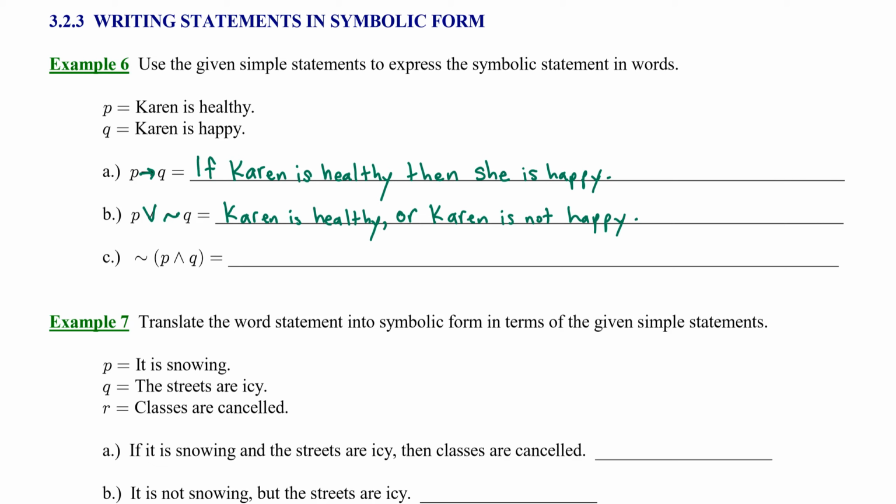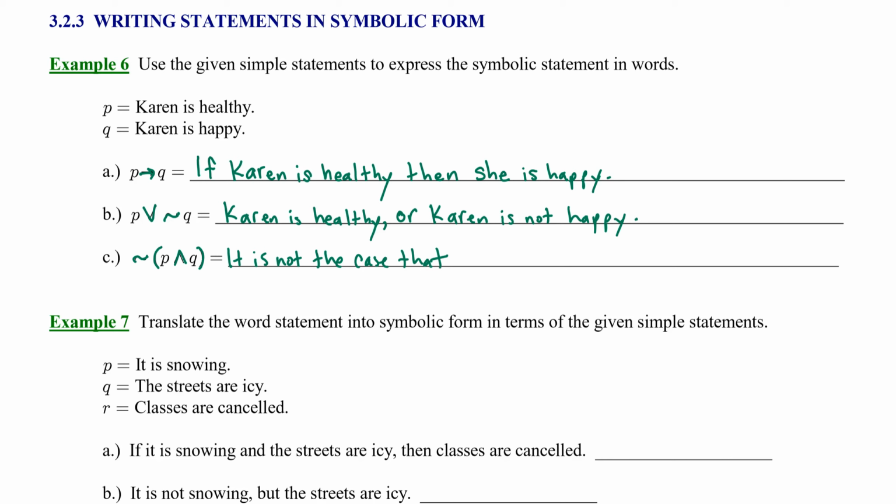Now, the last one, we need to pay close attention to the parentheses. Notice I have the negation outside of a parenthetical statement. That means I'm negating the entire conjunction, not just the P. So in order to communicate that the entire conjunction is being negated, we'll use the phrase, it is not the case that.